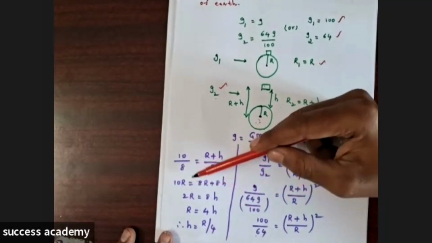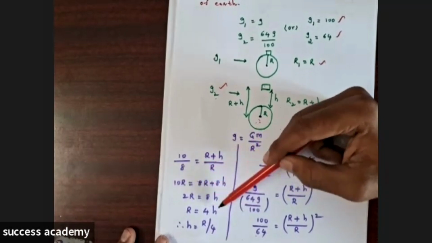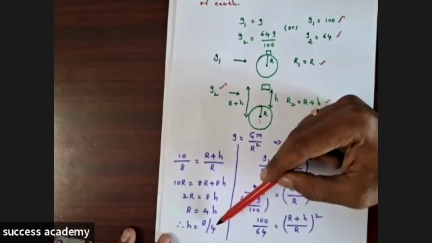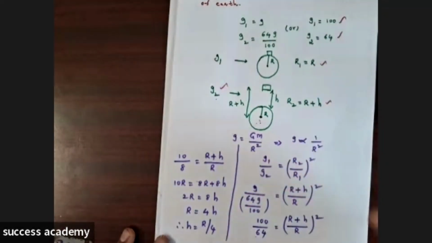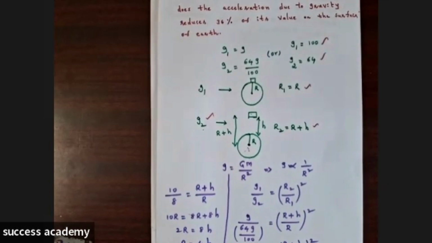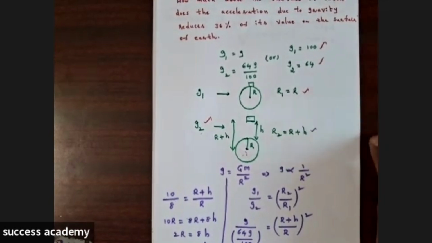Then 10R minus 8R is 2R, so 2R is equal to 8h. Then R is equal to 4h. I need to calculate h, so h is equal to R by 4. At this height h equal to R by 4, the acceleration due to gravity reduces by 36%.